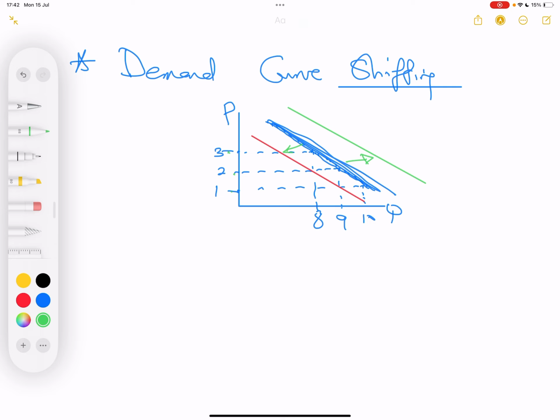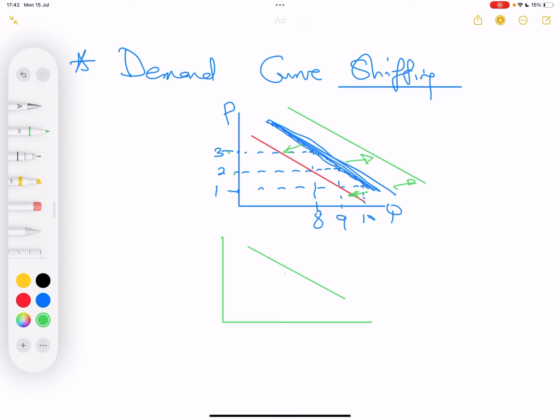Because when you have a change in taste that reduces consumers' demand, how do you expect demand to shift? Will it go this way or this way? For example, a change in taste. If your taste has changed and you feel like you are not going to be buying that product again, obviously you're going to have a different curve.